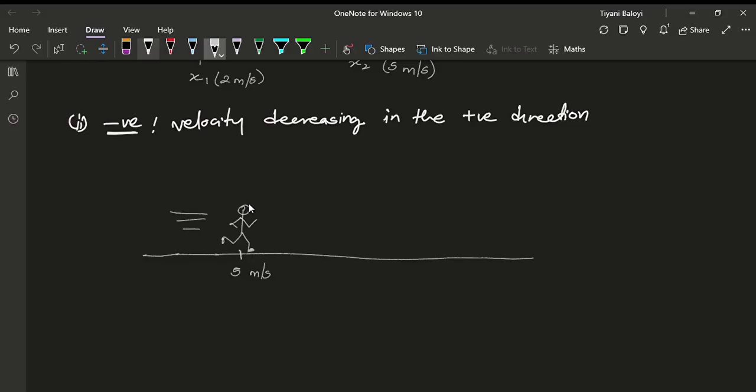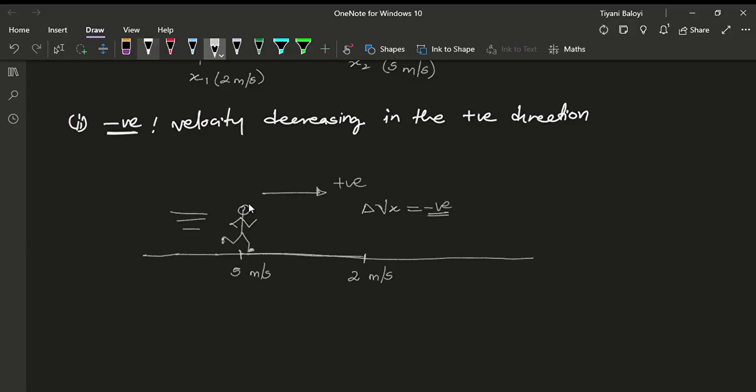This is x1, and when they got to x2, the speed is now 2 meters per second. What happened? The velocity is now dropping in the forward direction. So your change in Vx is negative.